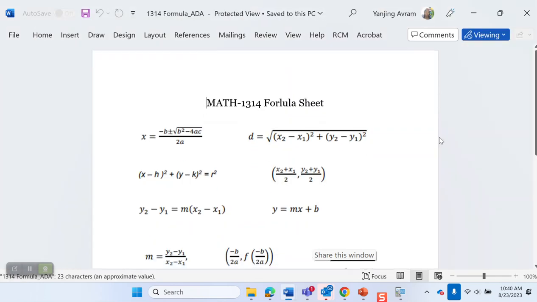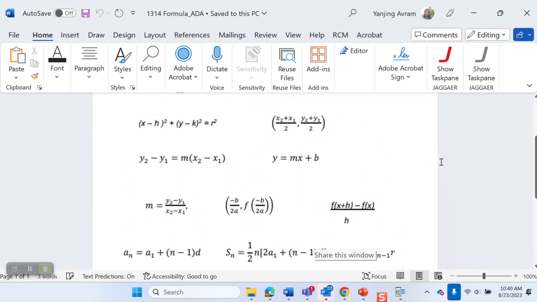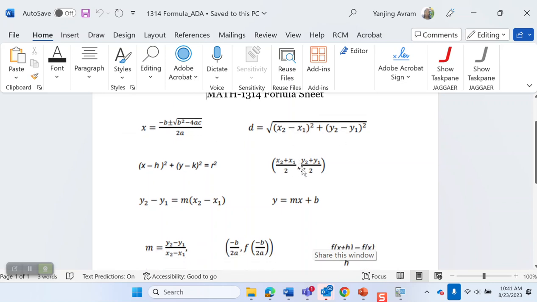Okay, so now you can see what formulas are in here and what formulas are not. The formulas here are the quadratic equation formula, the distance formula, the midpoint formula, and the standard form for the circle.